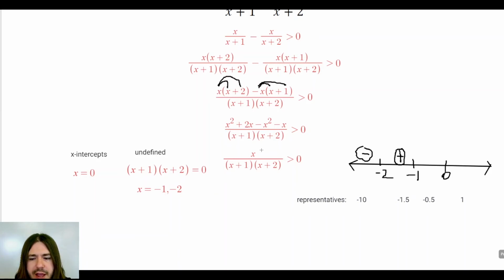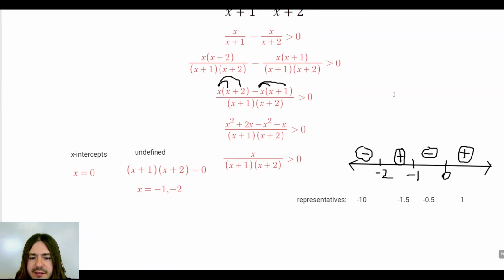If I plug in -1/2, I get a negative divided by a positive, so that'll be negative. If I plug in 1, I get a positive divided by a positive. So here's all my intervals, and I'm looking for where it is greater than 0, meaning where is it positive, and so I'm going to get 2 intervals here. I'm going to get in between -2 and -1, and from 0 to infinity.